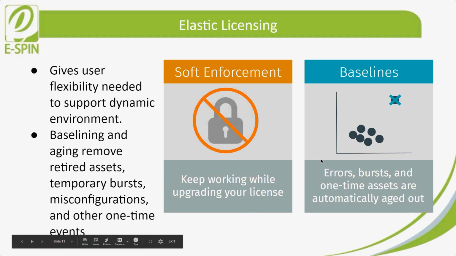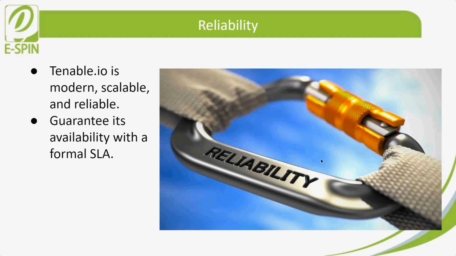Let's move to the next slide. Reliability. Tenable IO is modern, scalable, and reliable, and Tenable is confident in it, so they guarantee its availability with a formal service level agreement, or SLA.